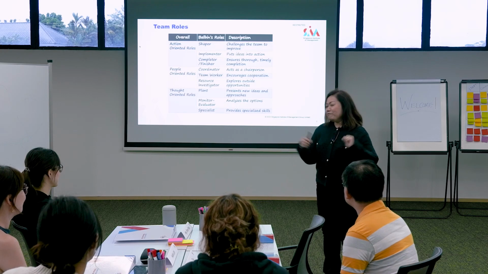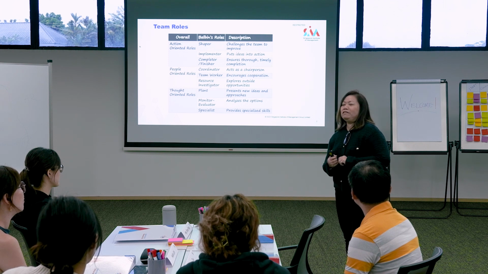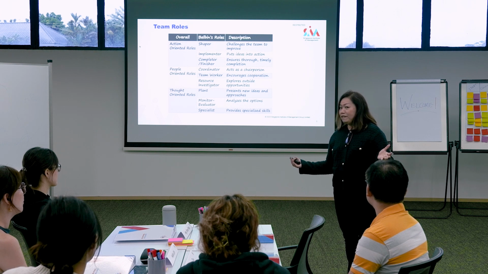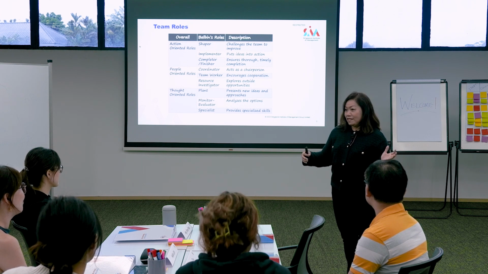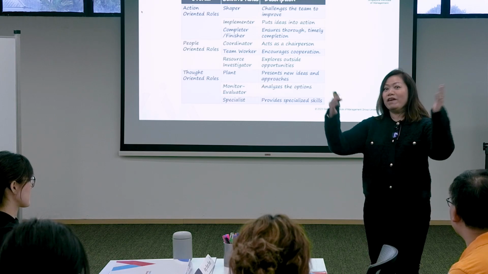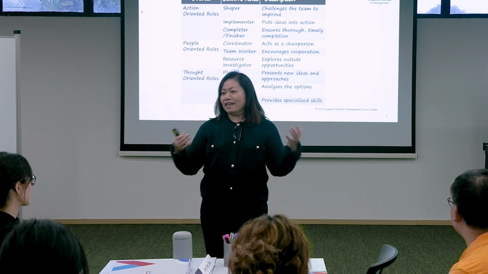So having looked at team roles, we also want to look at the dynamics of team development. I'm sure all of you are familiar with Tuckman's team development. You all heard about Tuckman's team development, the 4 stages, right? The forming, and then what else? Then storming, okay? And then the third one will be norming, right?